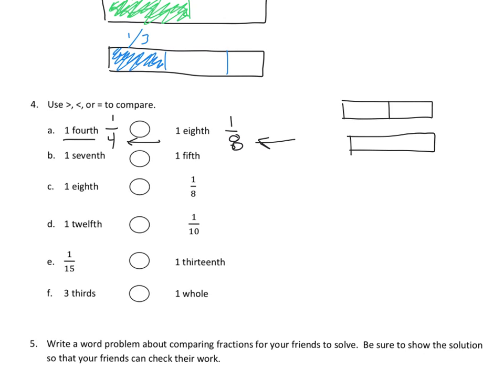If I break 1 into 4ths, and I break 1 into 8ths, you're going to see that the 4ths are bigger than the 8ths. Because the 8ths, there's more pieces to break that whole into, so they've got to be smaller. So 1/4 is greater than 1/8.